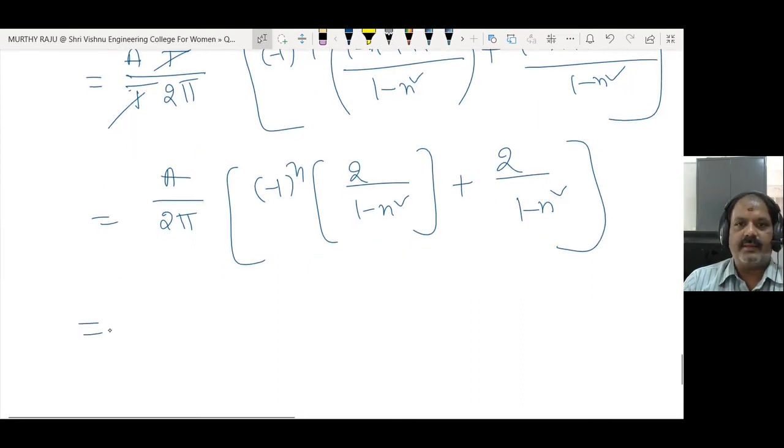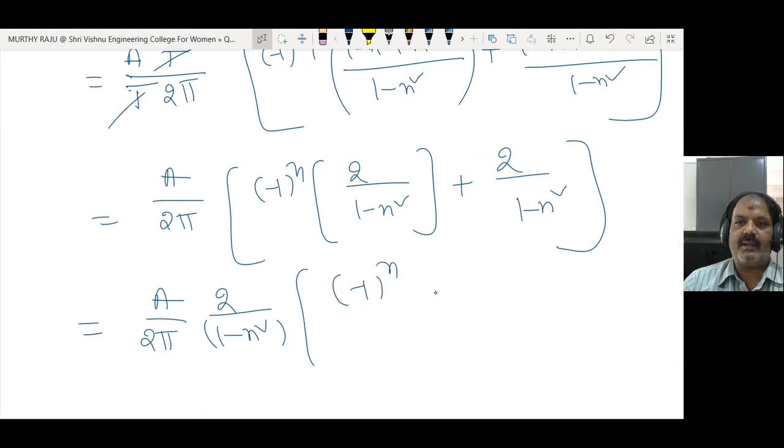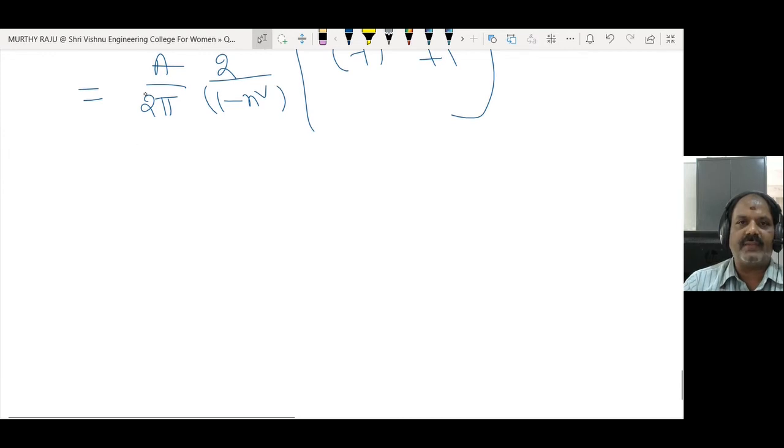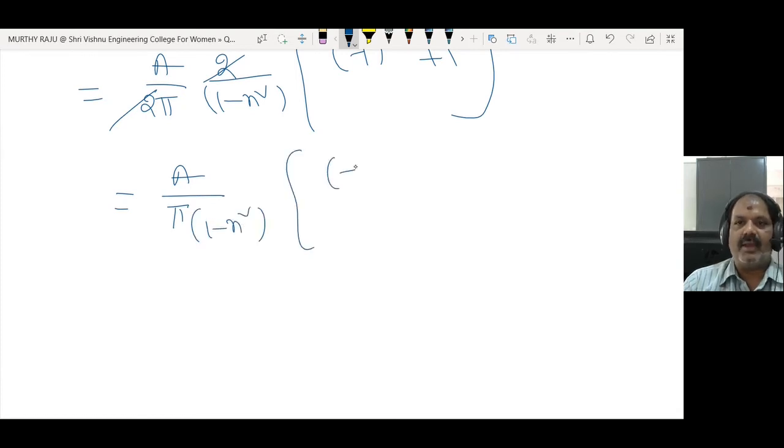That is A by 2 pi, 1 minus n square, minus 1 whole power n plus 1. The 2 cancels. A by pi into 1 minus n square, minus 1 whole power n plus 1.